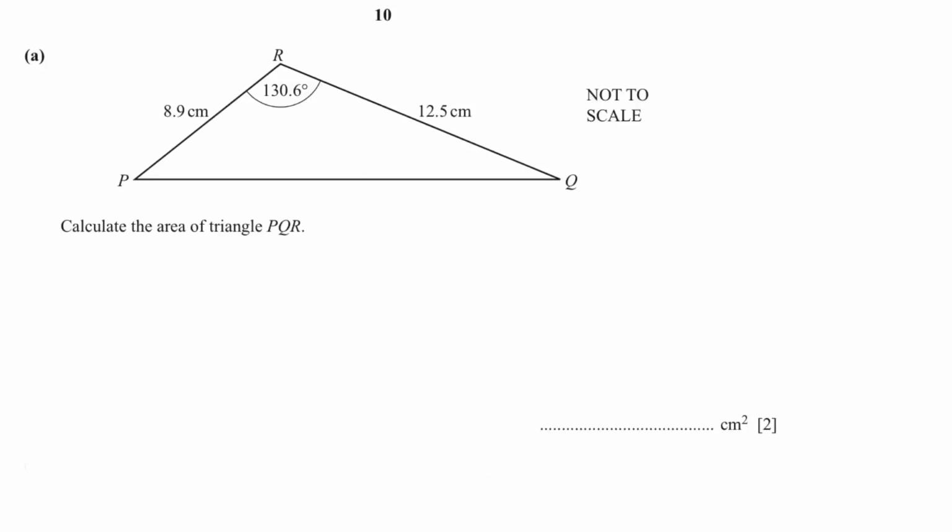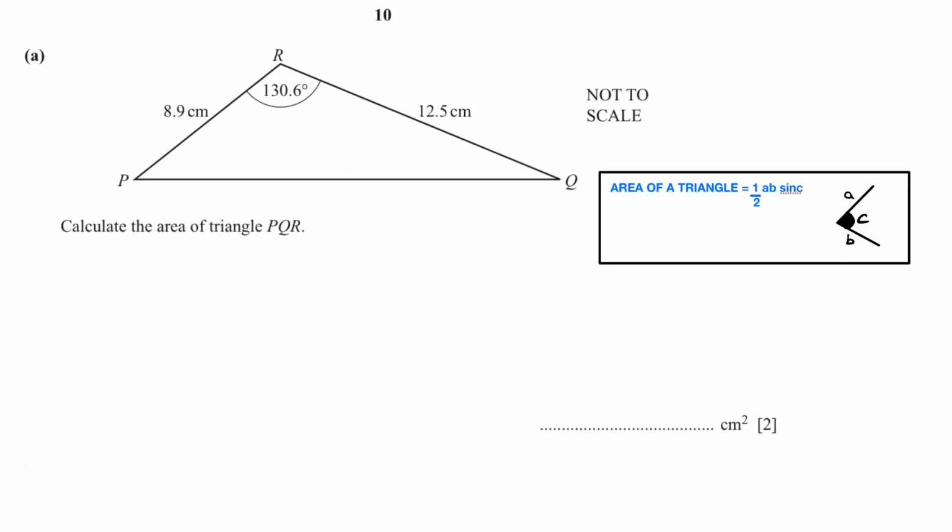In this question, we have been given a triangle and we have to calculate the area. This is not a right angle triangle. When you don't have a right angle triangle and you want to find the area, we use the formula half AB sine C. Remember that A and B are the side and C is the angle in between the two sides.